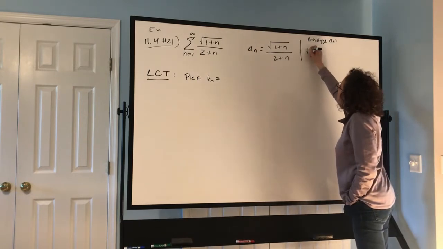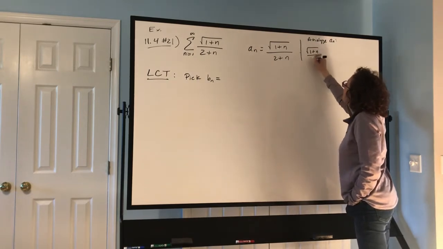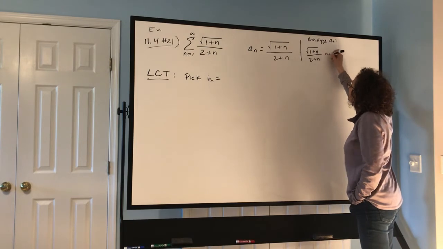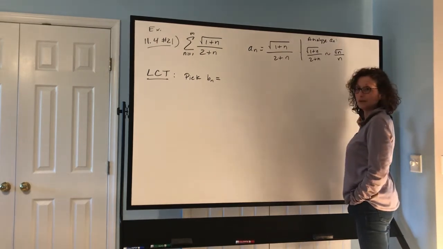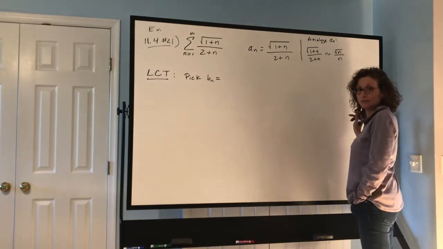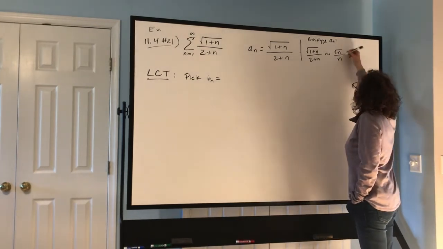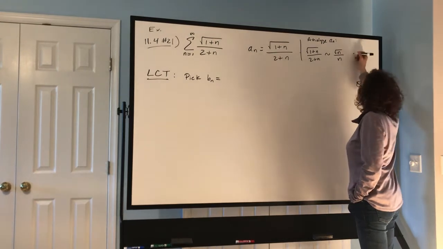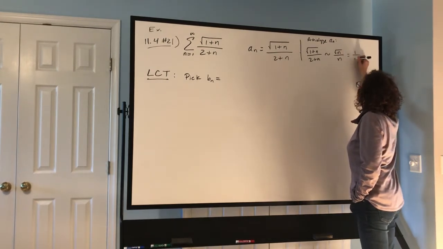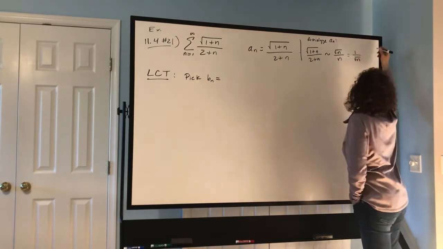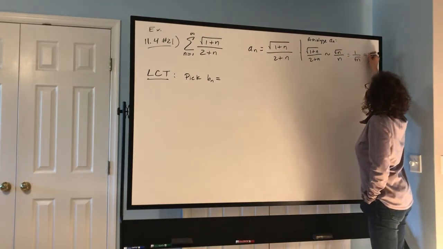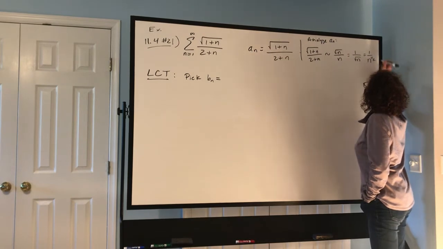So the square root of 1 plus n over 2 plus n is kind of like the square root of n over n, yeah, for n really large. This is simple algebra. What is the square root of n over n? 1 over the square root of n. N is always positive, remember? And so this is 1 over n to the 1/2.